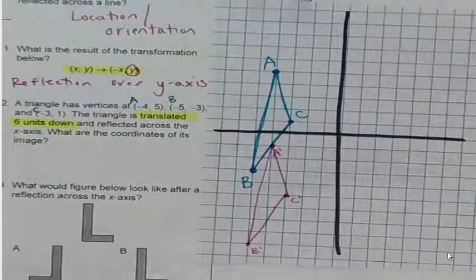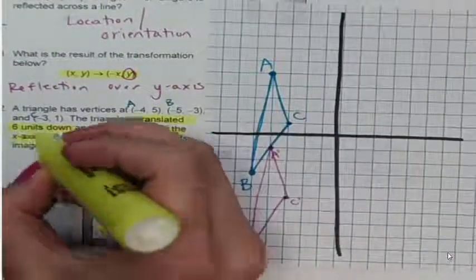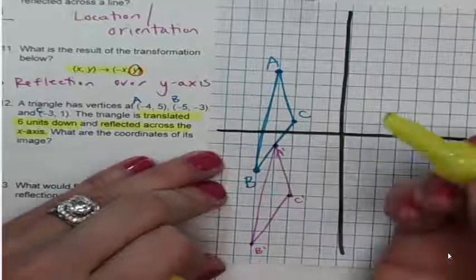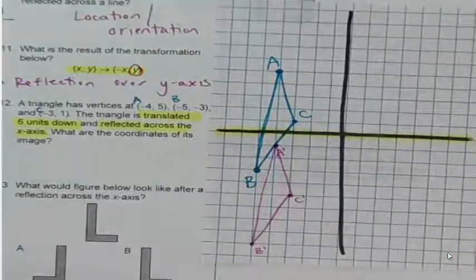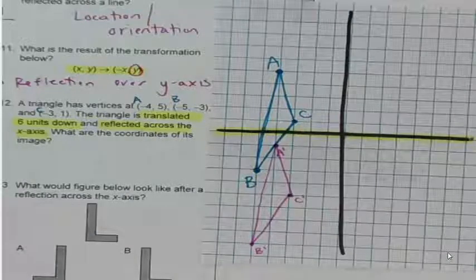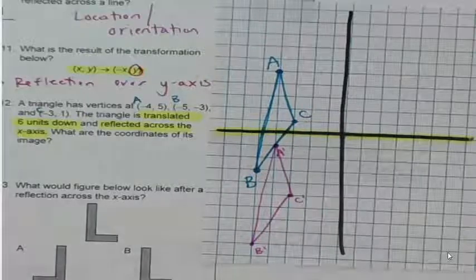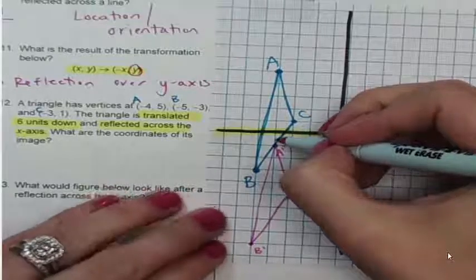Remember it says translate it 6 units down and reflect it across the x-axis. So now, here's my x-axis. I have to reflect it over the x-axis. So now I'm going to plot these in red, so that my red is my official. Reflection means how many units away it is from the line of reflection.